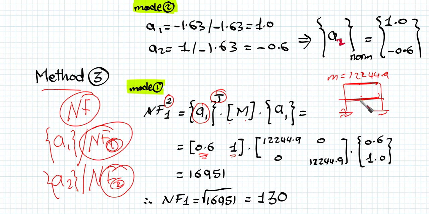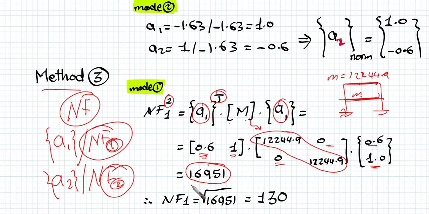This was M, and here also it was M. Based on this, we have the diagonal matrix of M, with everything off the diagonal being 0, times the mode shape, 0.6 and 1 here. If you multiply this using the dot product, it's very easy to obtain the scalar value here, 16.951.